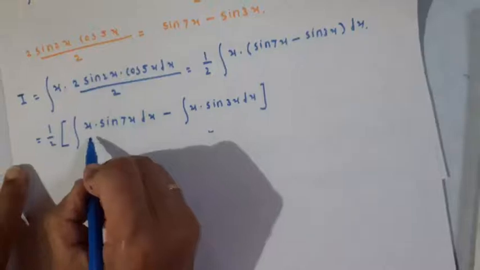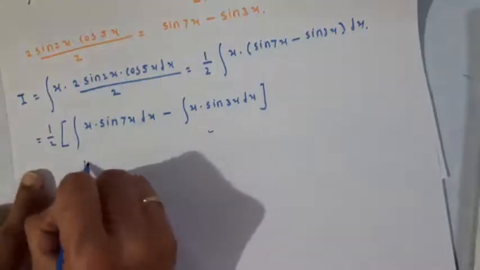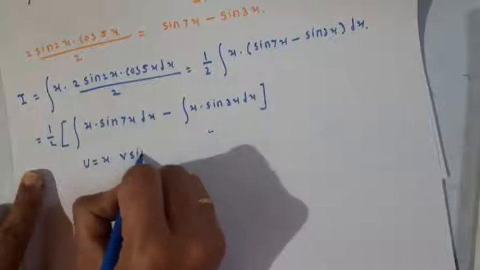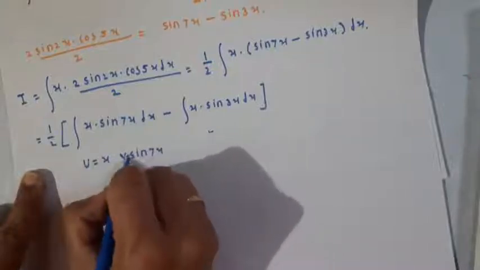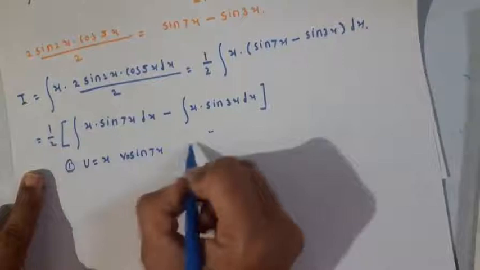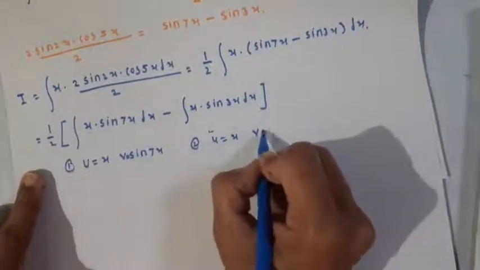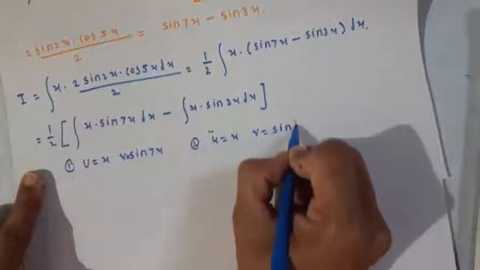So in the first term, here u equal to x and v equal to sine of 7x. In the second term, u equal to x and v equal to sine of 3x.